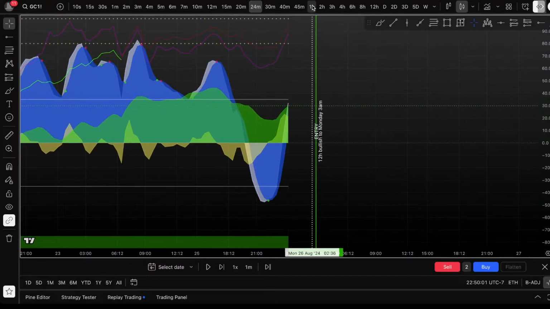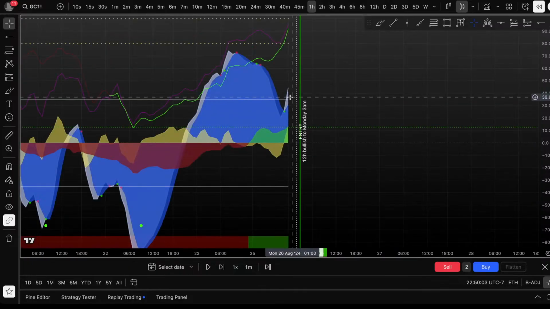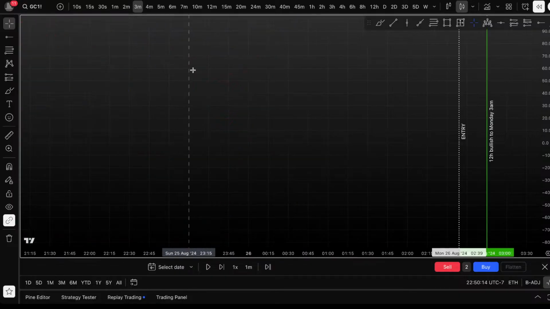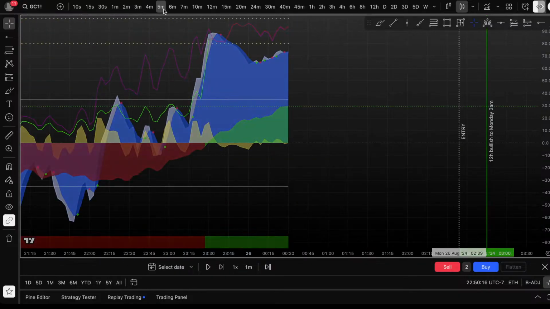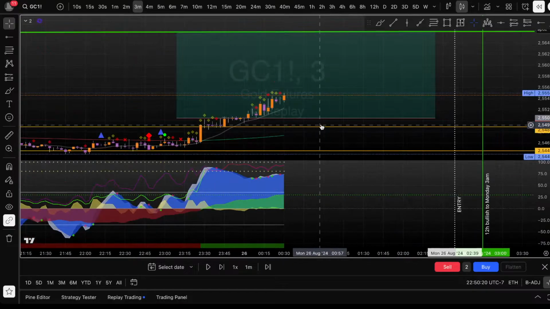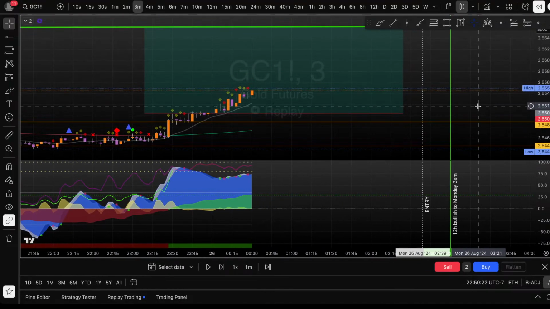The 24-minute wants to push. The 1 hour wants to push. The 2 hour got some hope. We got some hope on the 2. Folks, we're gonna watch the 3 on this one. Let's push it.